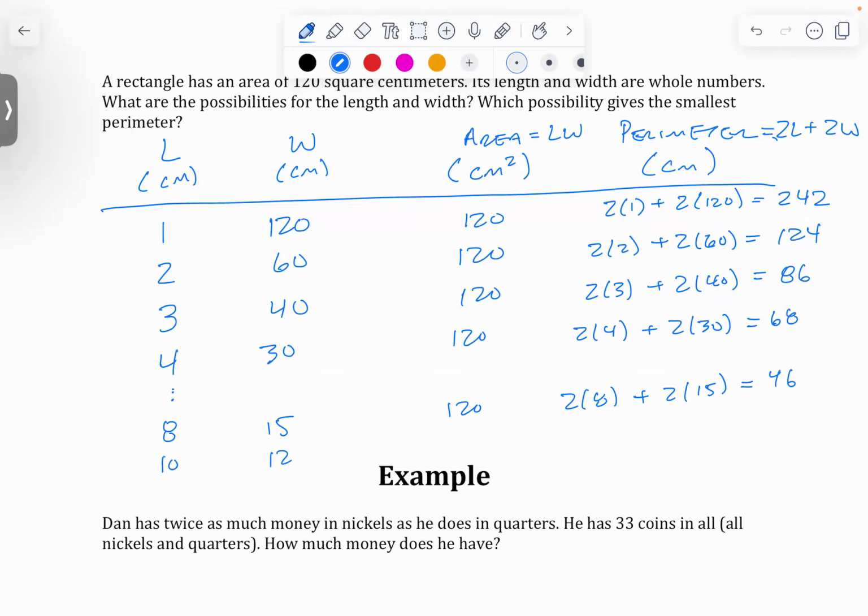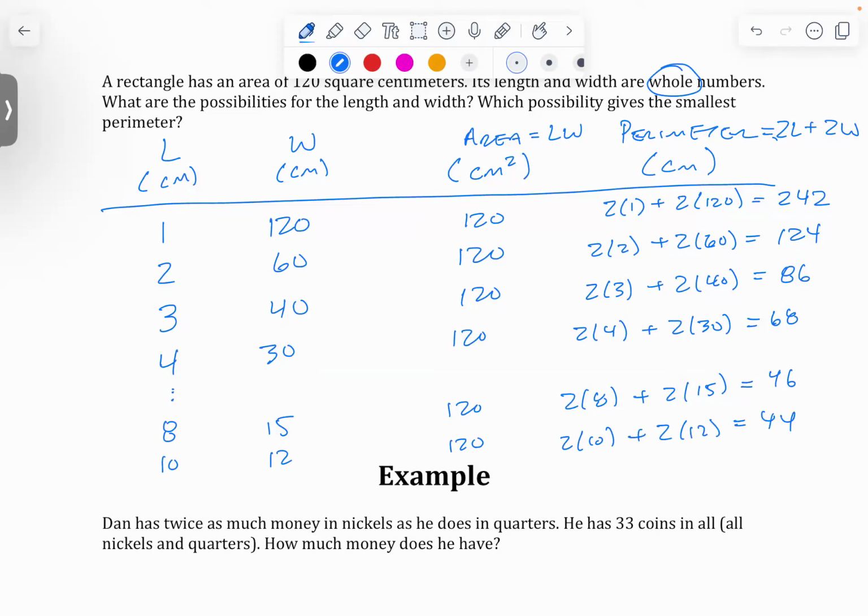Now notice, I know this is pretty much the last one because the numbers are almost right next to each other. And if they are integers, it says they are whole numbers, which means that I know that's the last option.